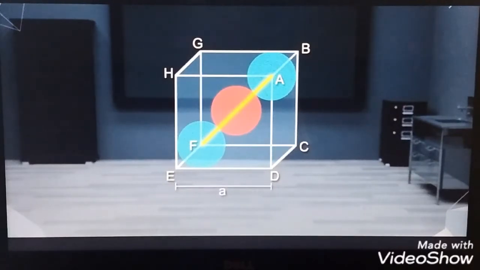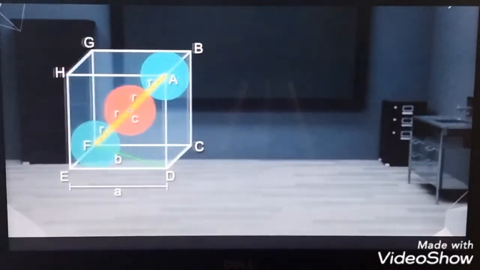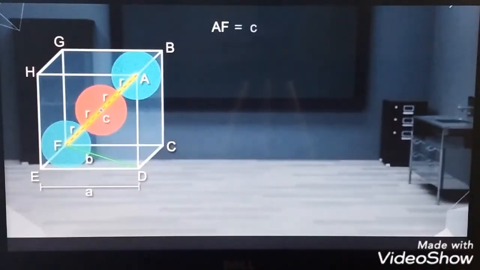Let a be the edge length of the cube and r be the radius of the sphere. The body diagonal AF is equal to c and the face diagonal FD is equal to b. Then AF is equal to c, which is equal to 4r.